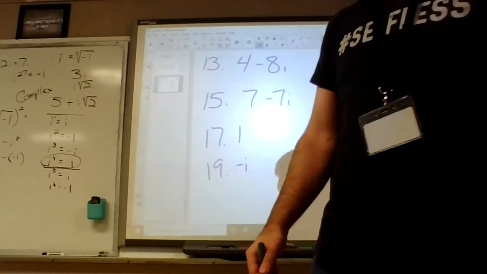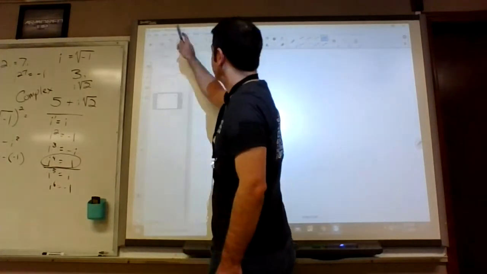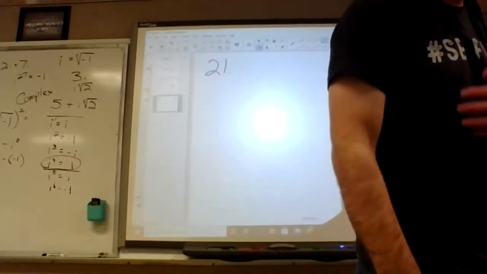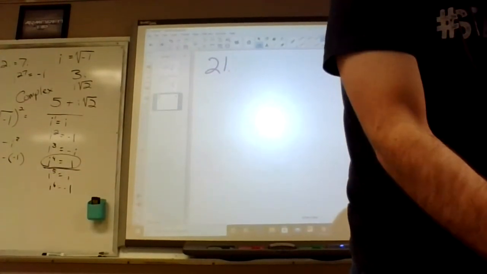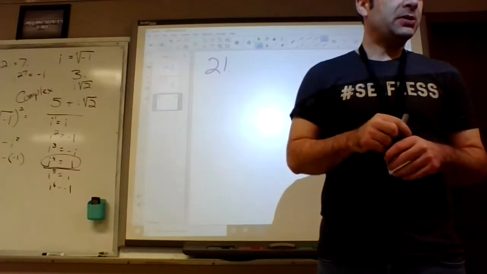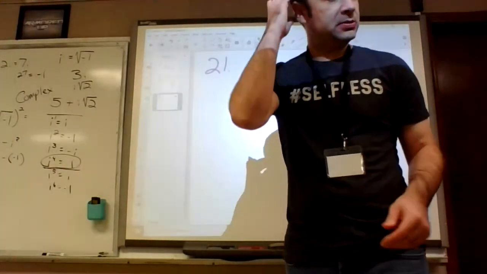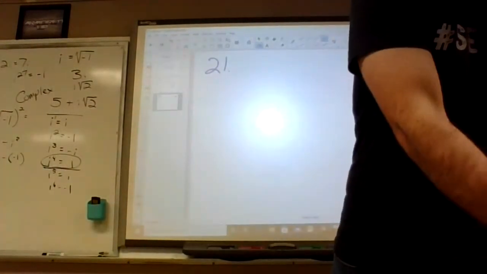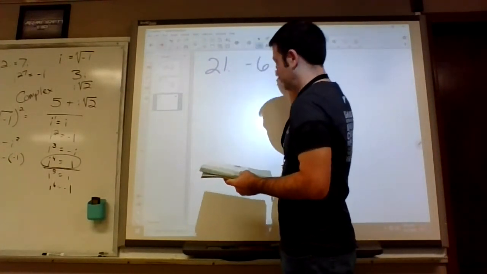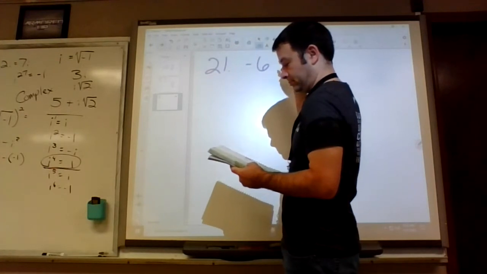Okay, 21. All right, what do you guys think? What should I do? Distribute. So, Nevaeh, what will it be? Negative 6 plus, I'm not really sure.